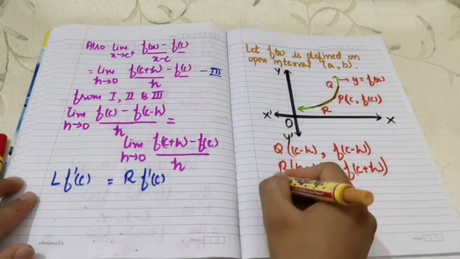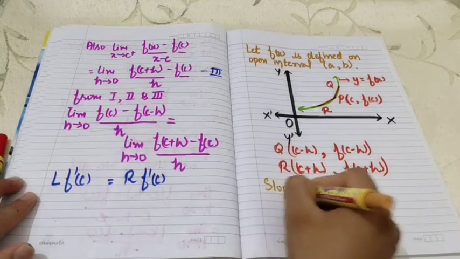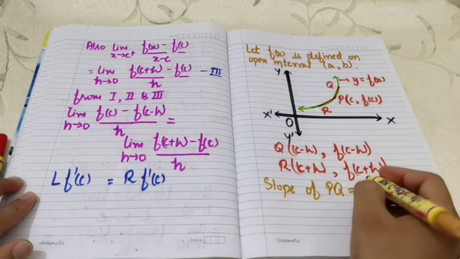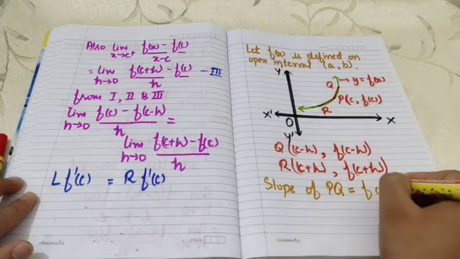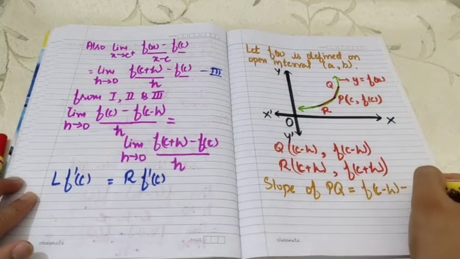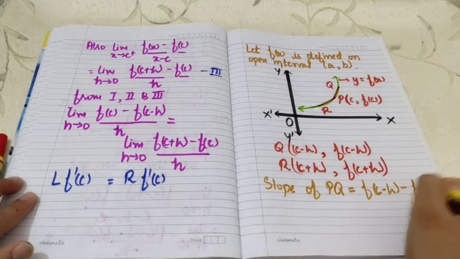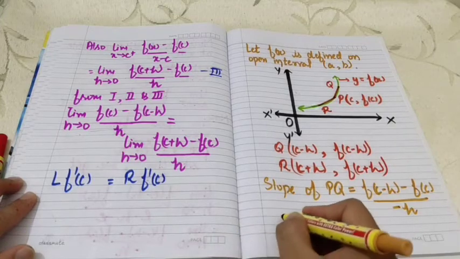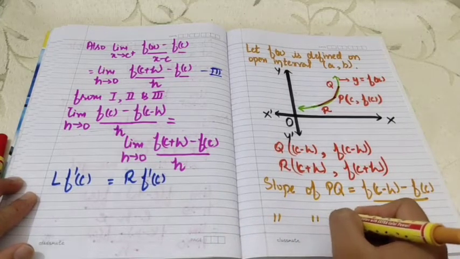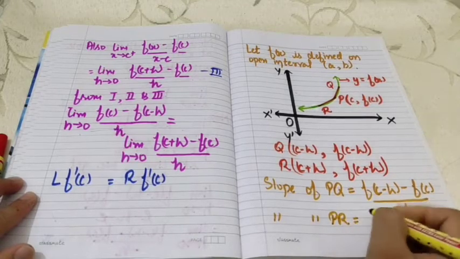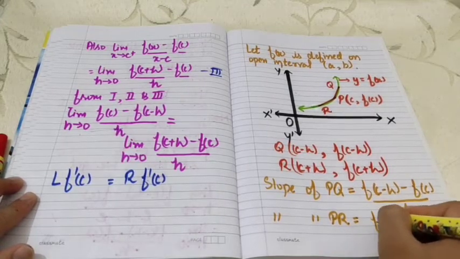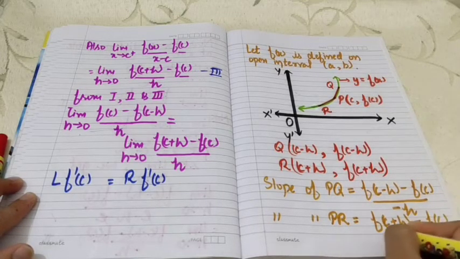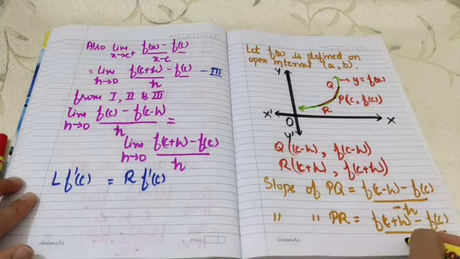And here the slope of PQ is given by (y2 minus y1) divided by (x2 minus x1). So that is how it will become [f(c minus h) minus f(c)] divided by minus h. And in the same way, the slope of PR will become [f(c plus h) minus f(c)] divided by h.